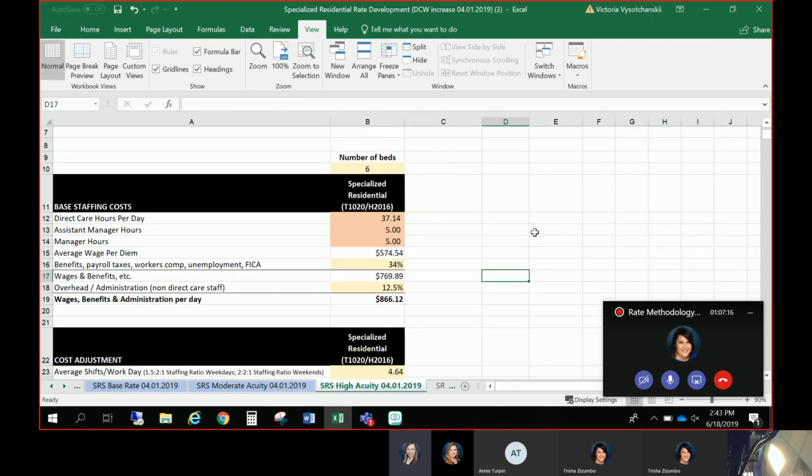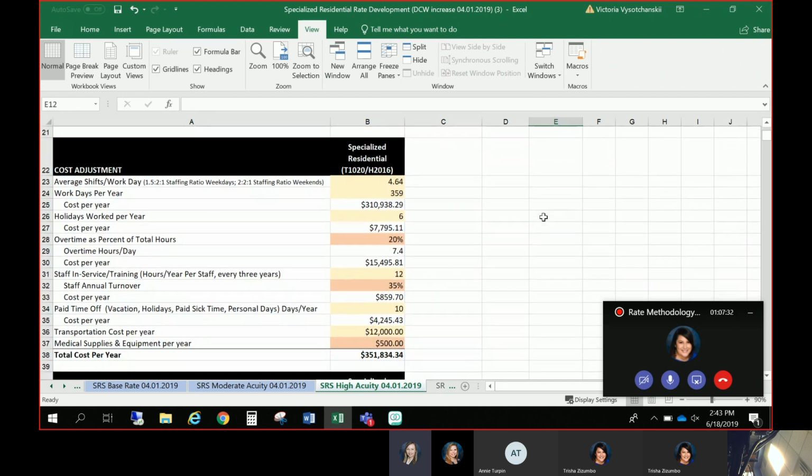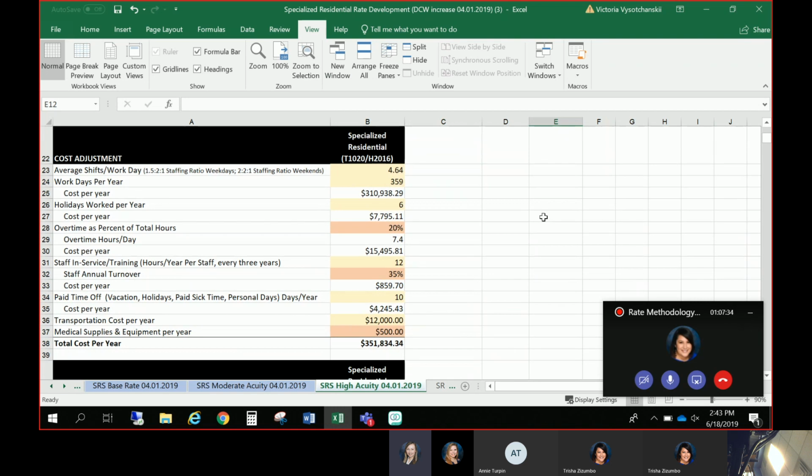Once again, all variables remain the same except for direct care hours were again increased for the direct care professionals and then for the assistant manager and manager. Now, as you can see, more variables have been increased due to the additional need of the individual. So overtime, we had increased from 15% to 20%.